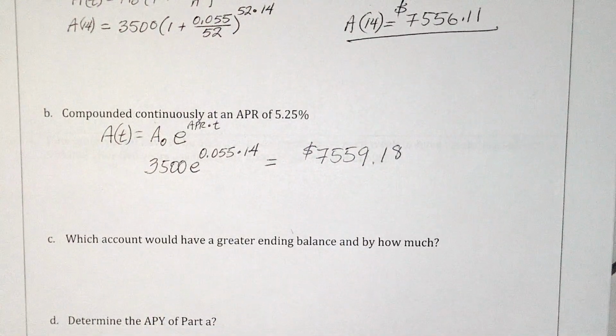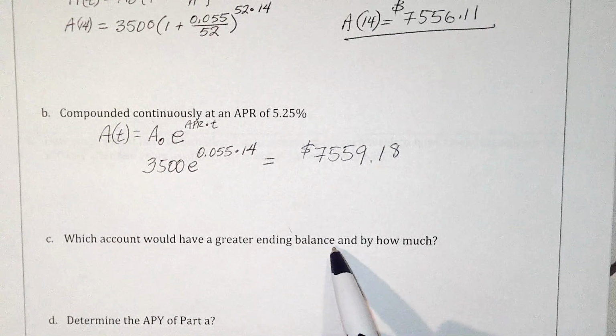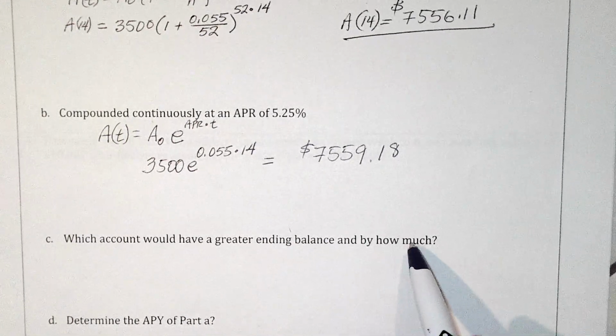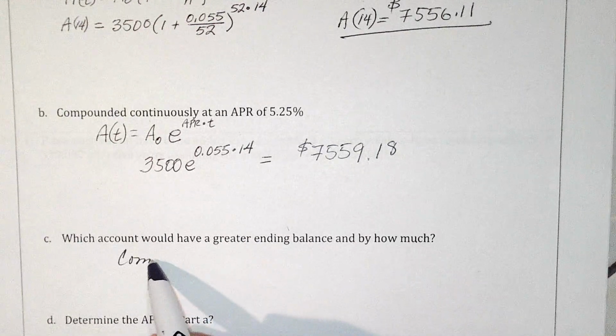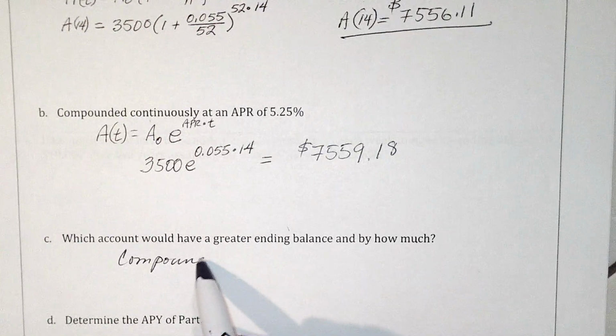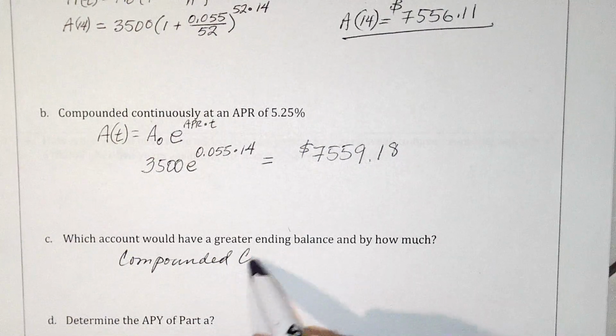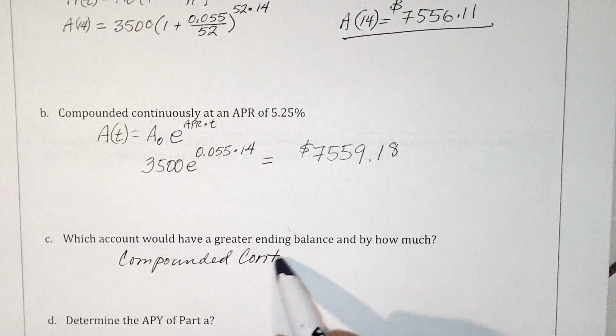Which account would have the greater ending balance and by how much? The one compounded continuously has the bigger balance.